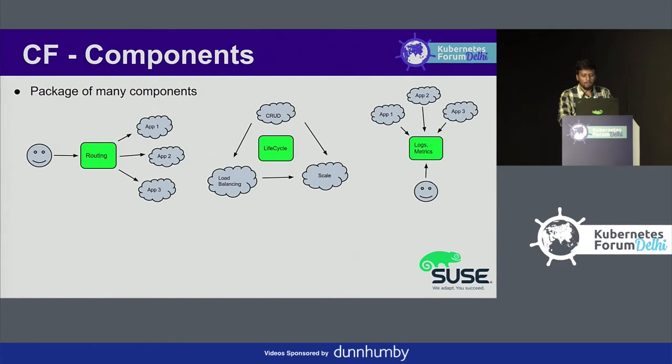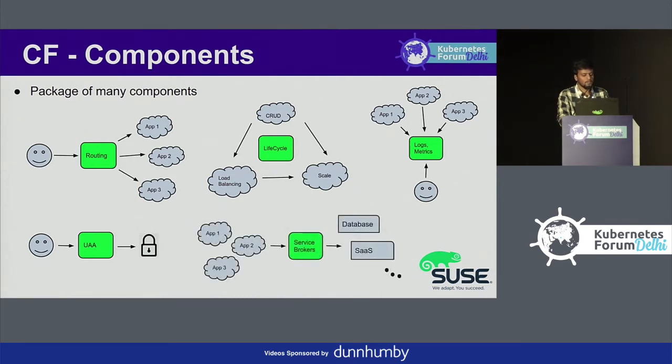Logs and metrics from your apps are collected through the log aggregator component, and UAA handles your authentication and authorization. That is, you can connect LDAP to your company's user directory. And finally, service brokers, which are used to connect your databases and external software as a service solutions.